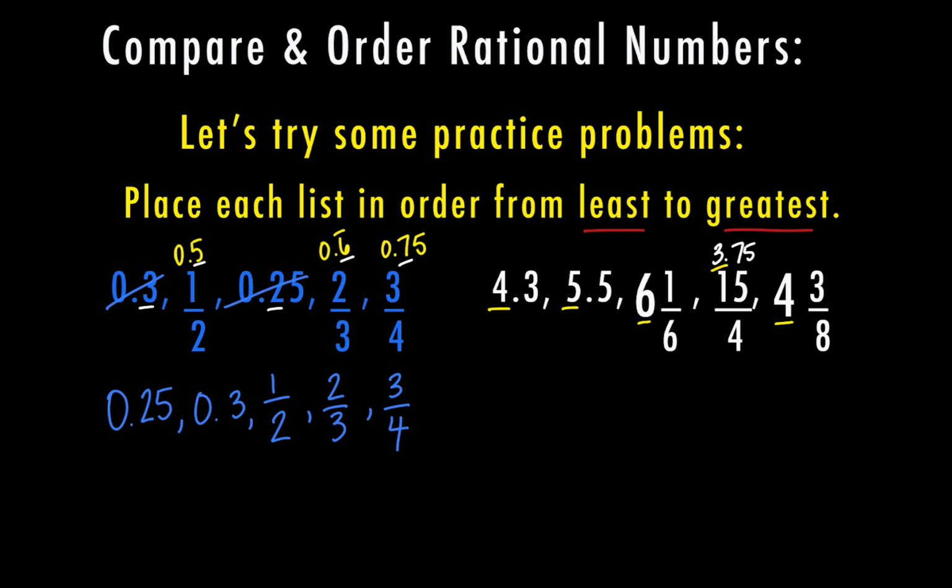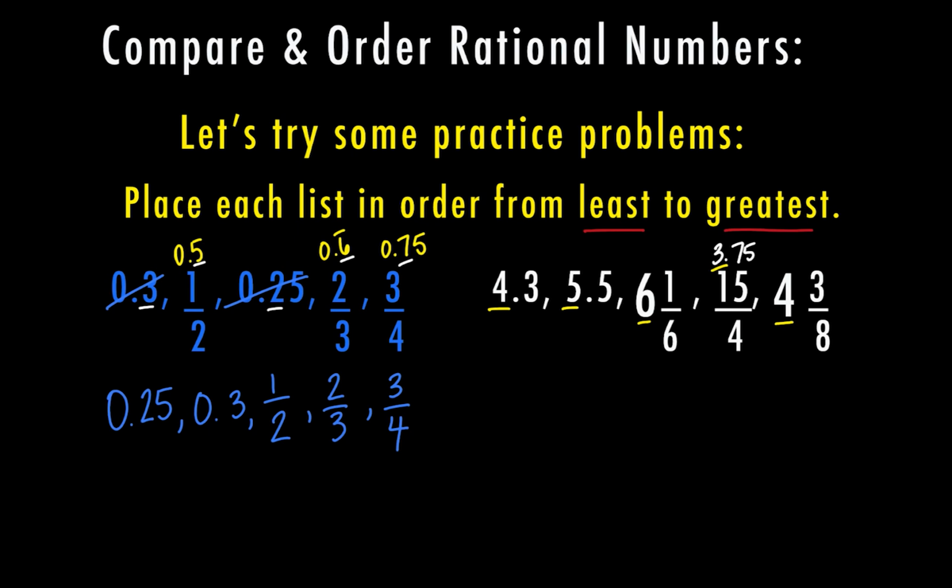I can change 3/8 into a decimal, or I can turn 4 3/10 into a fraction and compare fractions. But in order to compare these fractions, they have to have a common denominator, which means that denominator is going to be really, really big. So let's go ahead and just turn our 4 3/8 into a decimal.